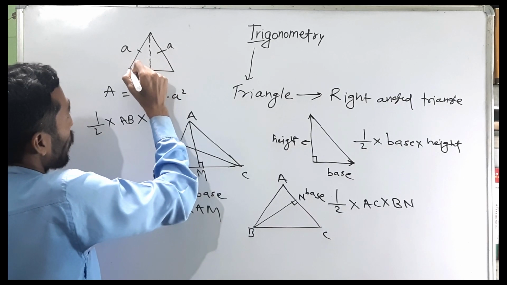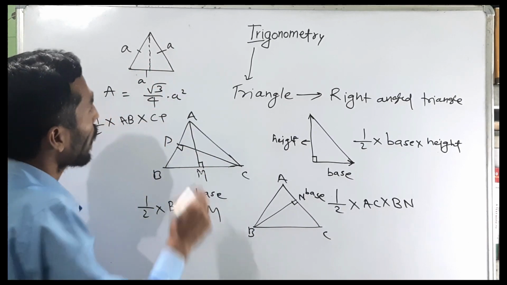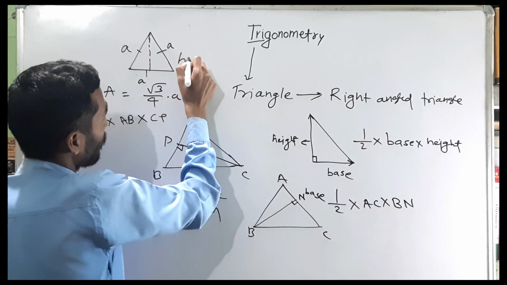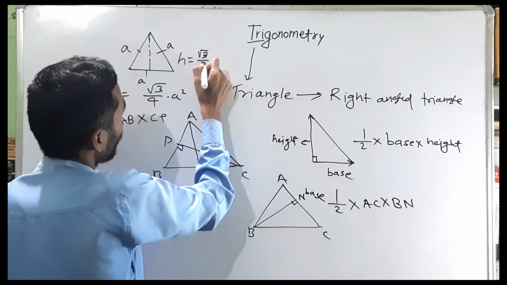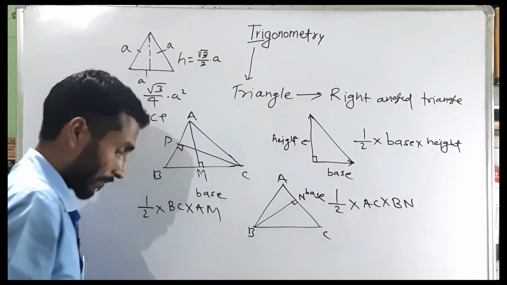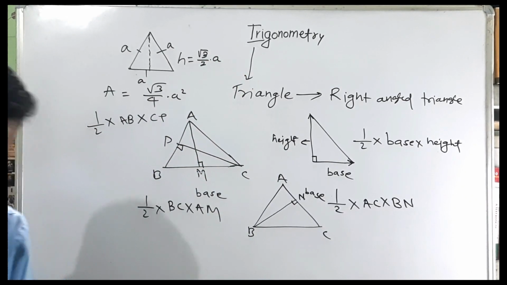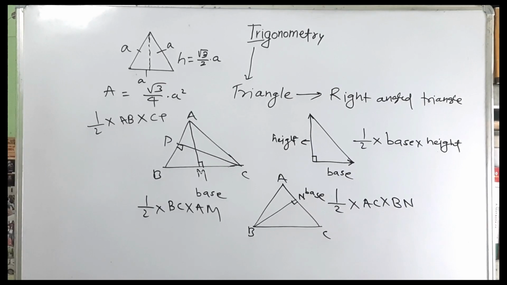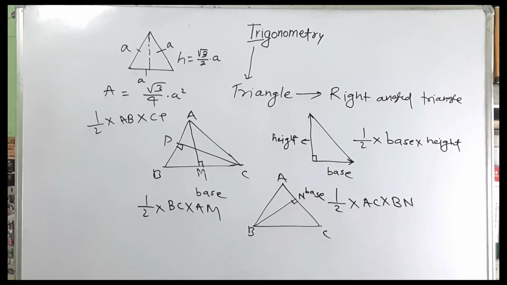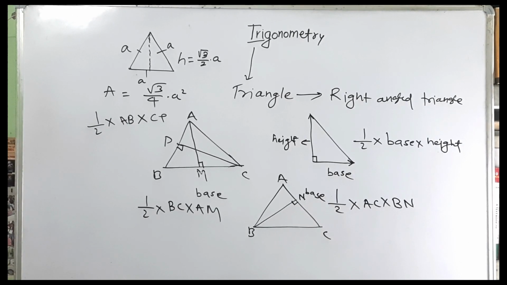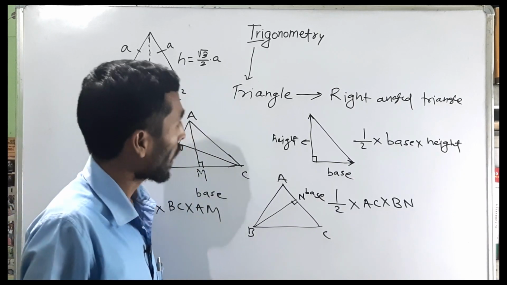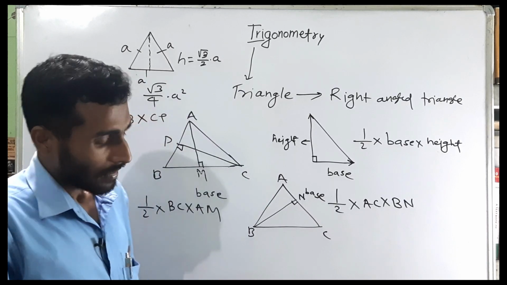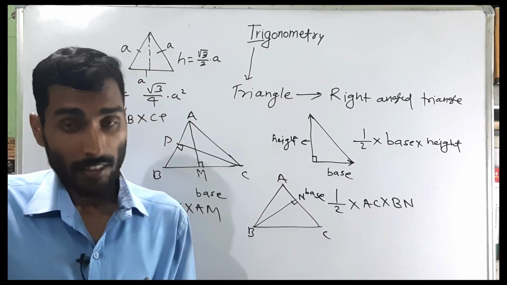In an equilateral triangle, because all the sides are equal, all the altitudes are equal. Okay, so in this way there are so many properties related to the right angle triangle.